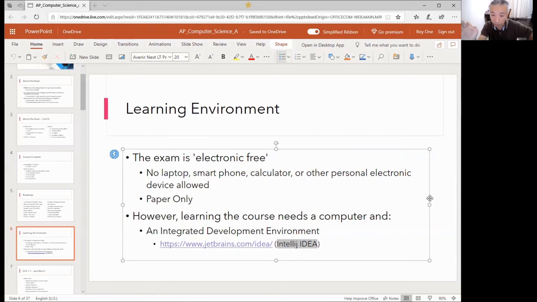Just make sure when we're doing something other than coding, for example, when I ask you to create a new project or create a new class, you know how to do that in Eclipse, because what I'm demonstrating in class will be in IntelliJ IDEA. So just try to figure out a similar thing in Eclipse. Other than that, everything is almost the same.